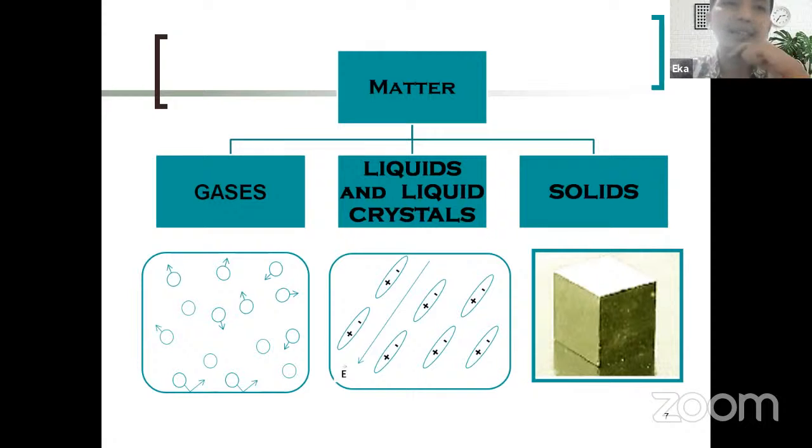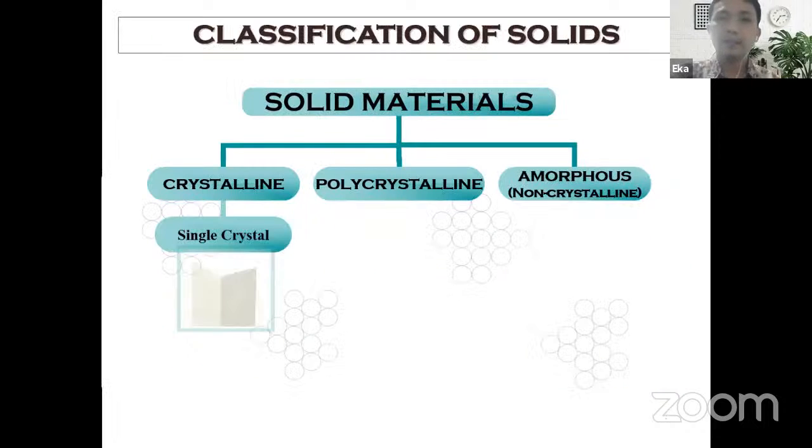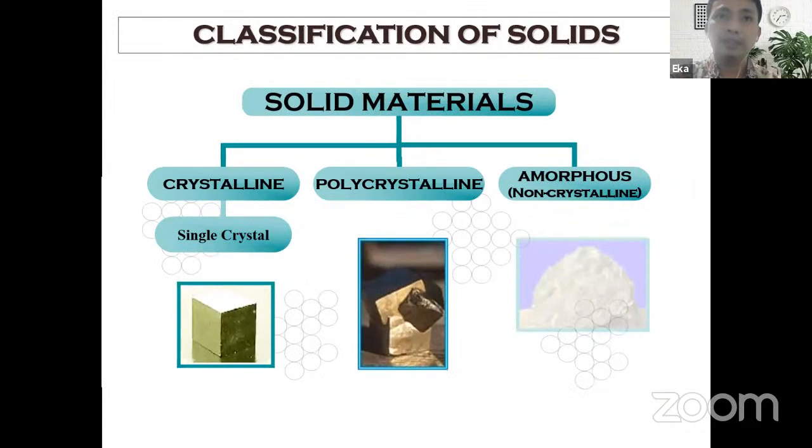In gases, the atoms are too far away, so any atom will be easy to move. Liquid will have van der Waals force. For solid, we have crystal, it forms crystal.